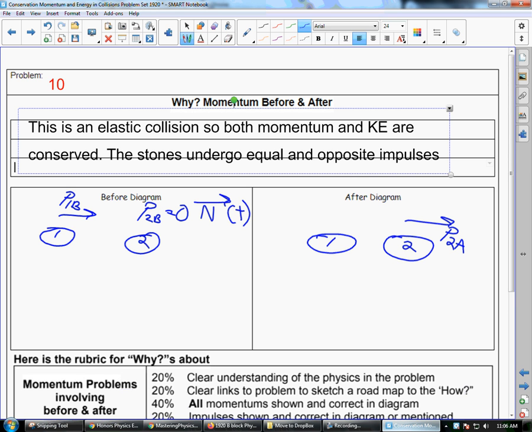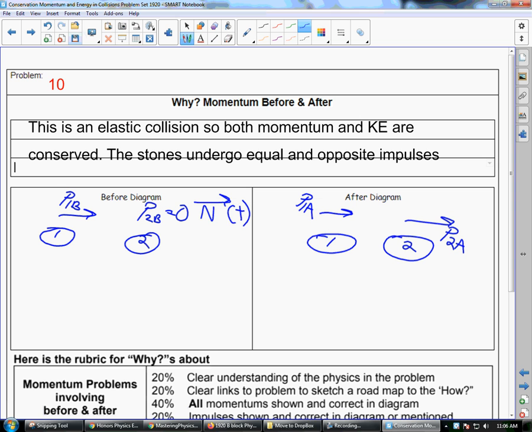I think the heavier thing is going to keep moving forward. If it was lighter or the same mass, I would think it might bounce off. But I think because it's heavier, it's going to keep moving forward. And so that'd be a momentum of 1 after. So that's what I'm predicting. I could be wrong. If I'm wrong, I'll just get some weird signs, things like that.